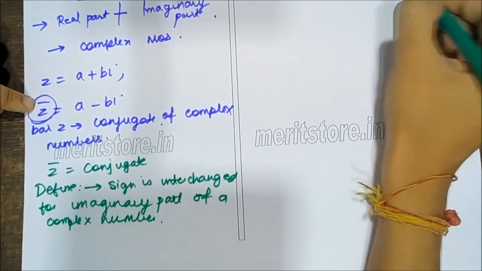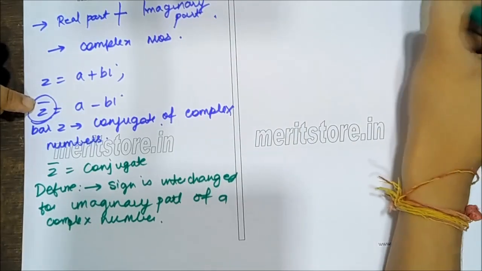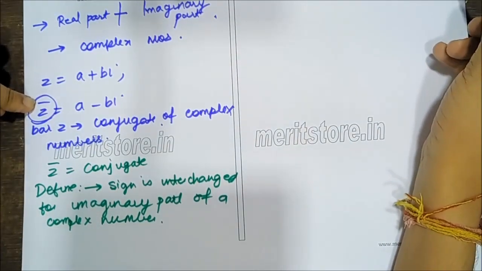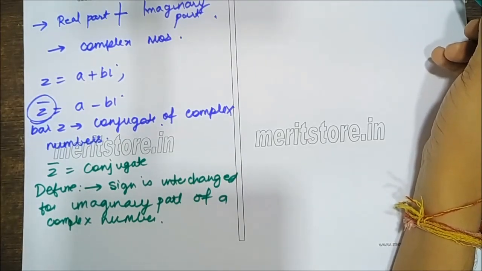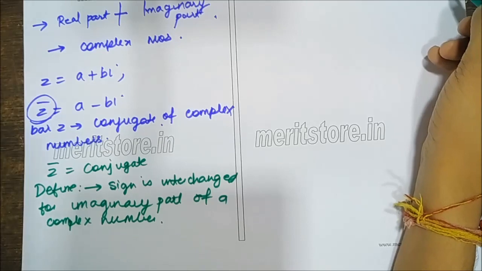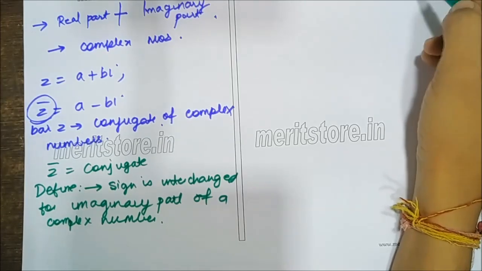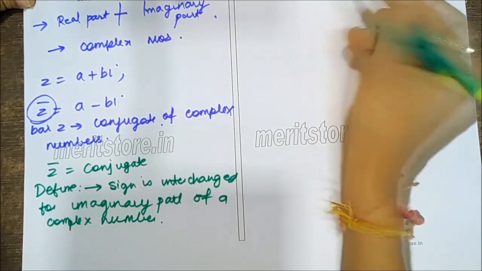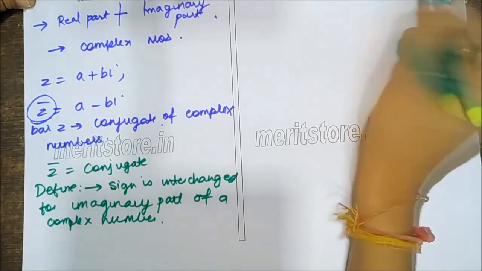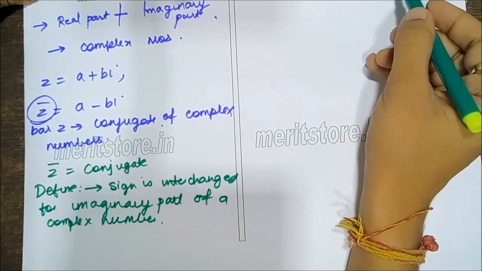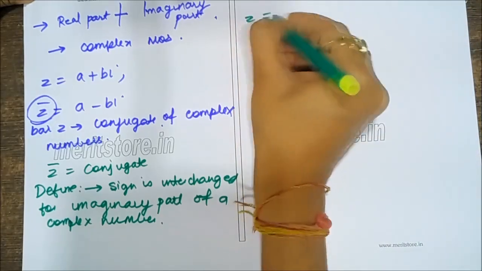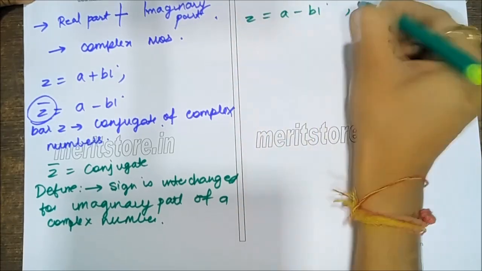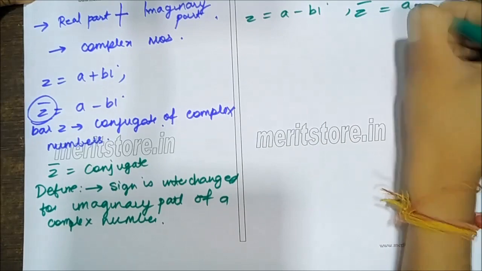What I did, I just changed the sign of the imaginary part. We discussed what is real part, we discussed what is imaginary part, we did certain examples, we found a and b. Here we have a plus bi and a minus bi. So what I did, I interchanged the sign of the imaginary part of a number. So if z is a minus bi, then bar z is a plus bi.